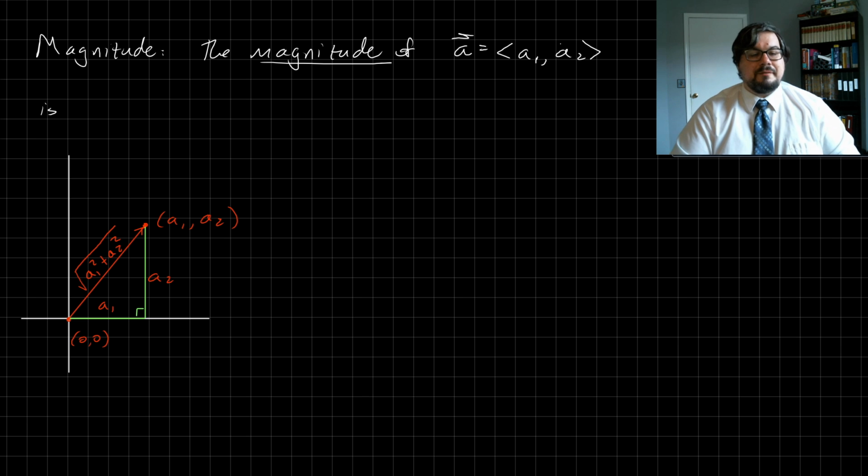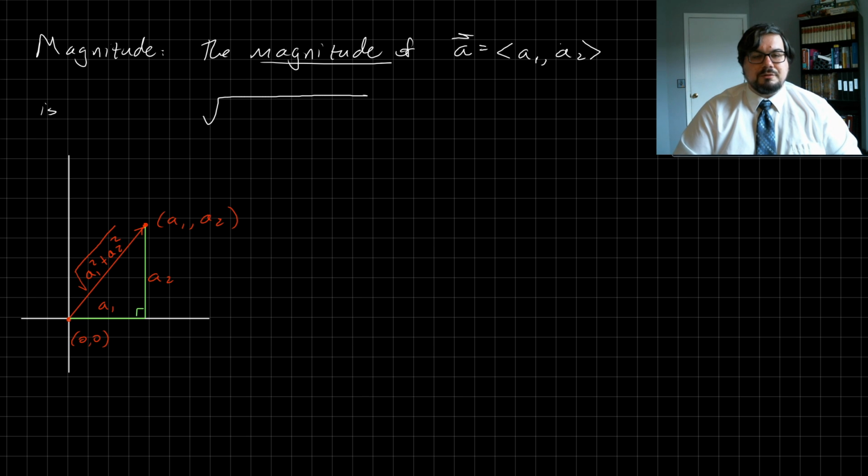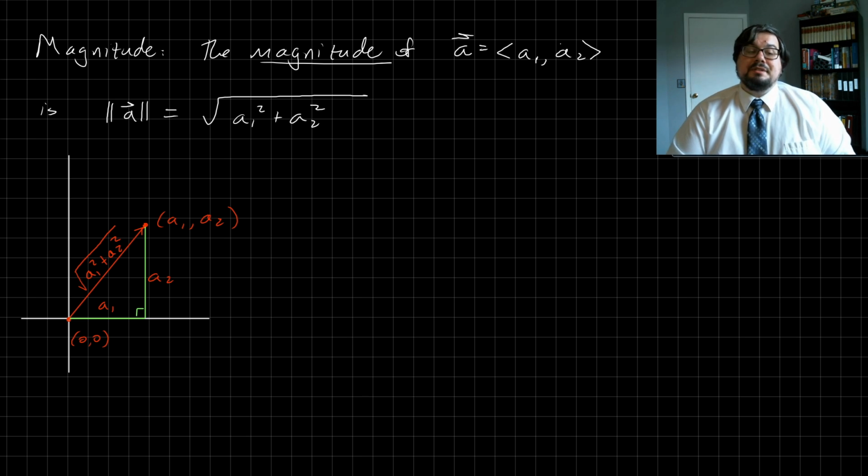So the magnitude of a is given by this formula, the square root of a1 squared plus a2 squared, but it also has a notation. You'll notice it looks like absolute value, but it's got double bars on either side. That's the notation we use for the magnitude of a vector, which behaves in some ways like an absolute value, but not exactly the same.